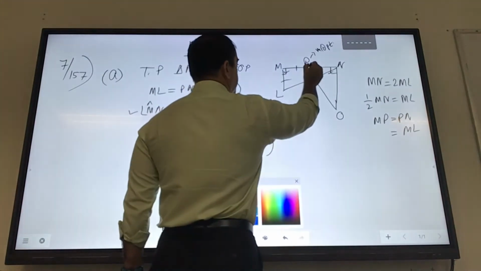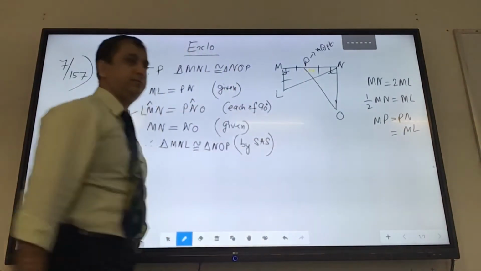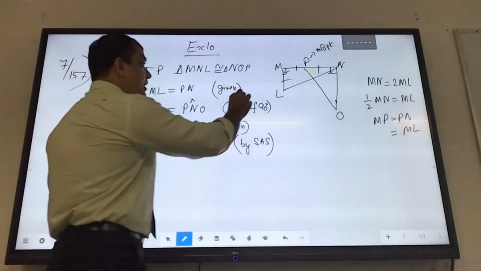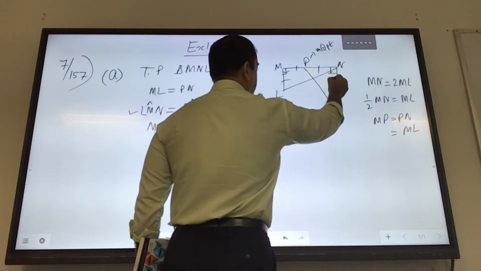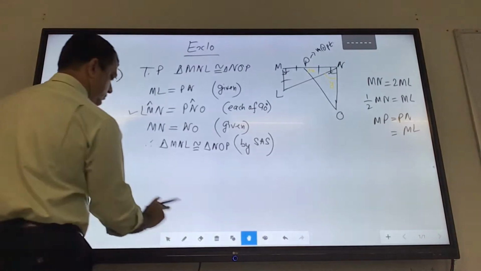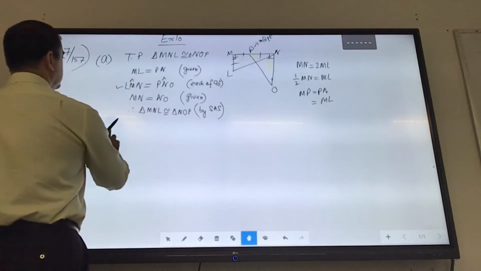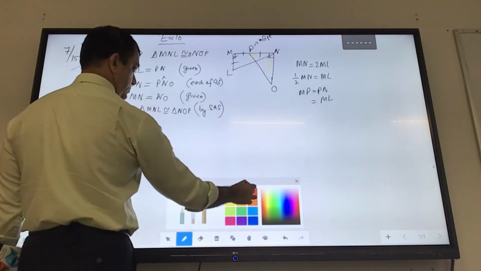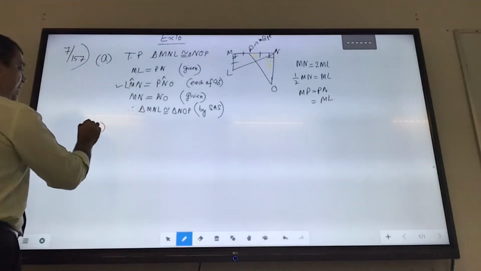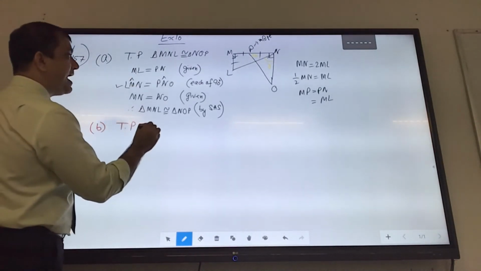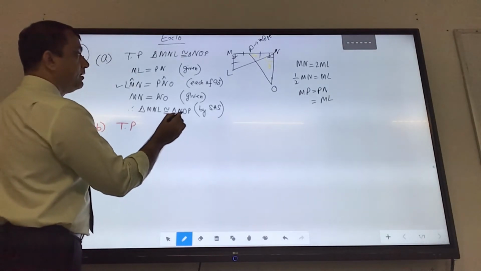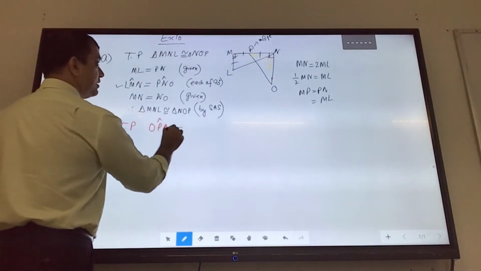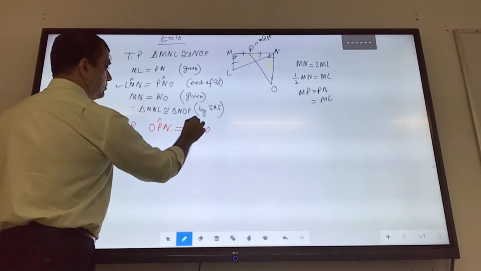Angle OPN, this angle, suppose I call this angle X. And angle LOP, this angle I call Y. So in B part, we have to prove that angle OPN is equal to angle LOP.